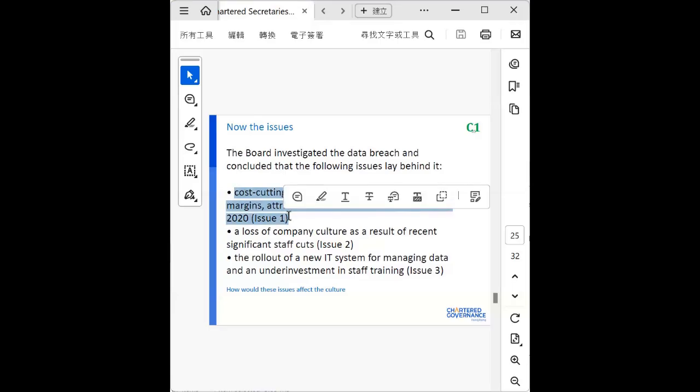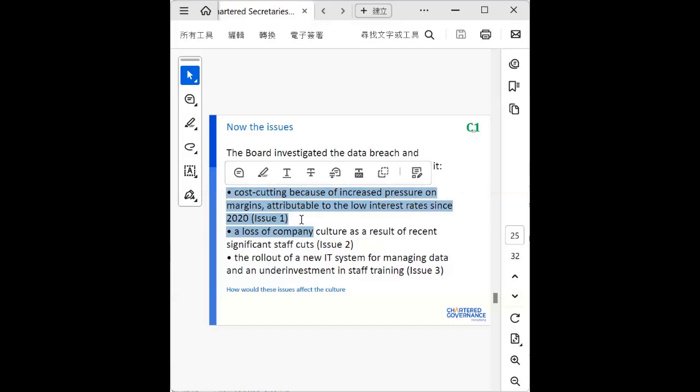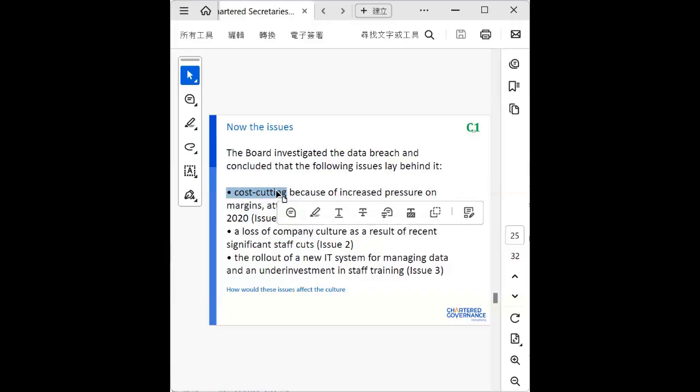What is the consequence for culture is not in the book or anywhere, but you have to think about it and apply what will be the consequence of cost cutting on the culture. The question asks you about the issues on the culture, right? So you have to link this to the culture. You don't discuss the financial aspect. We discuss the cultural aspect in here.